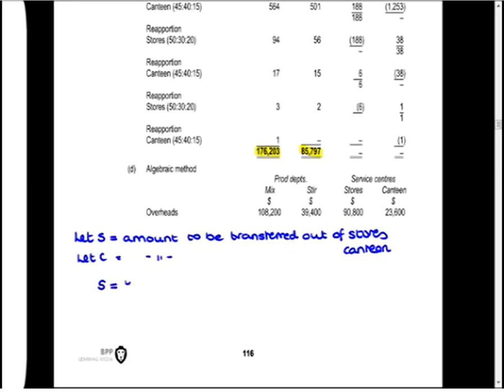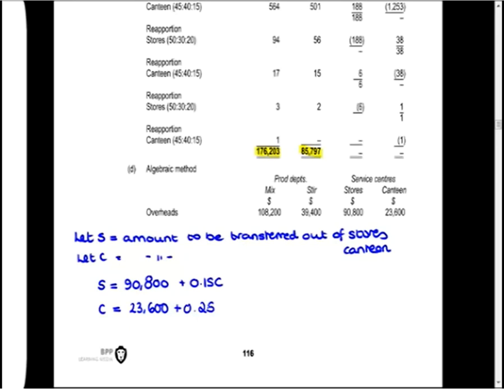So S is equal to 90,800, because that's how much we allocated and apportioned in step 1 to the stores, plus 15% of the value of the canteen. And the canteen had 23,600 allocated and apportioned to it. We've also got 20% of the stores costs, because the stores do 20% of their work for the canteen.